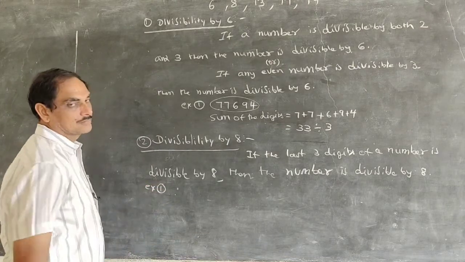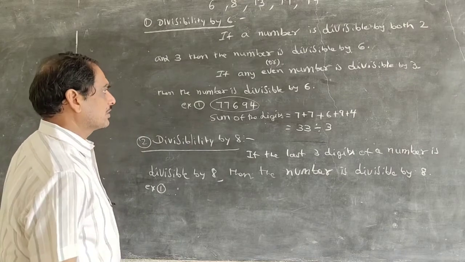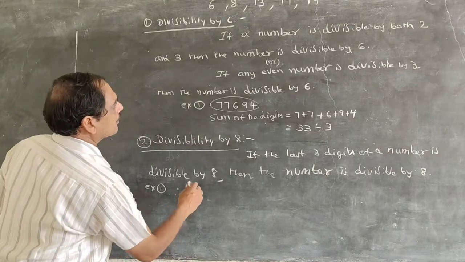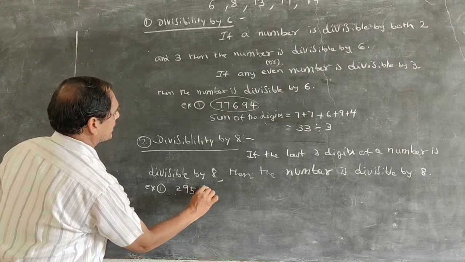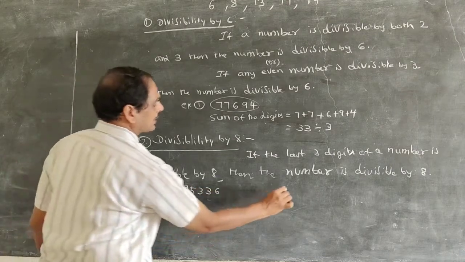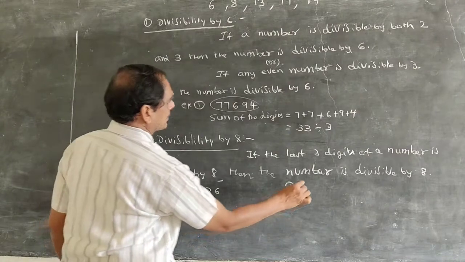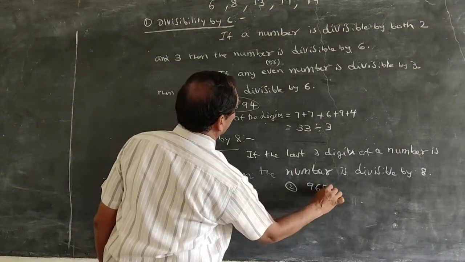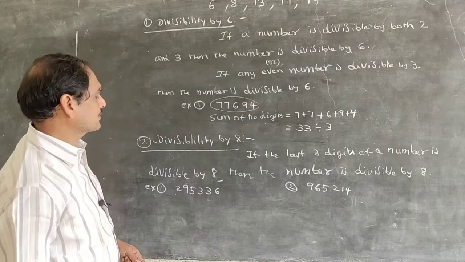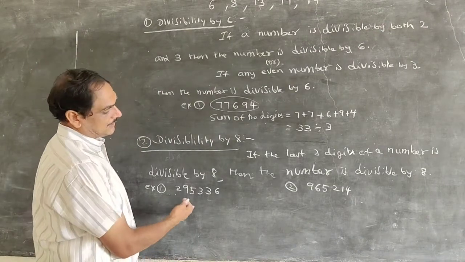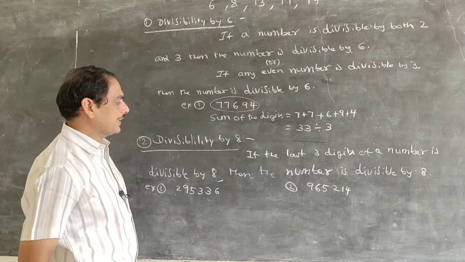Take two examples: 9295336 and the second example 965214. Let us discuss whether these numbers are divisible by 8 or not.